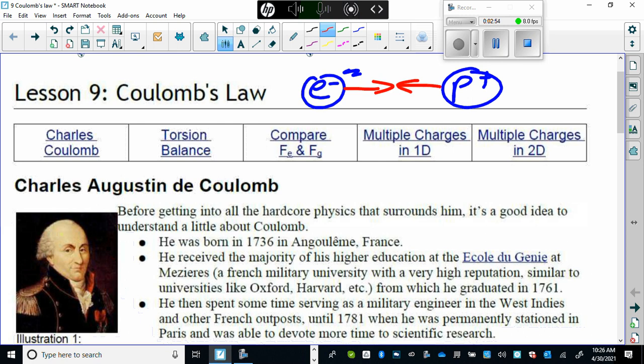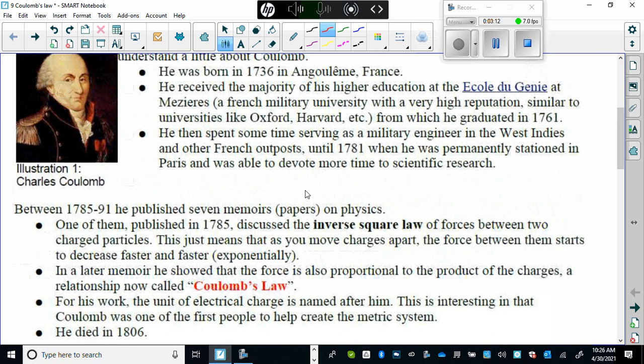De Coulomb wanted some way to measure that. And not surprisingly, as a testament to the symmetry of the universe, Coulomb's law turns out to be remarkably similar to Newton's law of gravitation. In other words, it's an inverse square law.